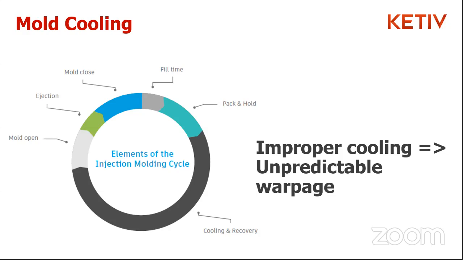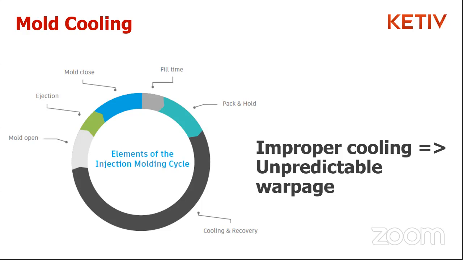Warpage is something that you should normally expect, but if it's beyond what you expect, if it's going to be unpredictable, that's when you have waste. That's when you have money being spent on prototypes, on parts that you really don't need to be molding, when instead you could be figuring all this out in the software, on something like Moldflow.